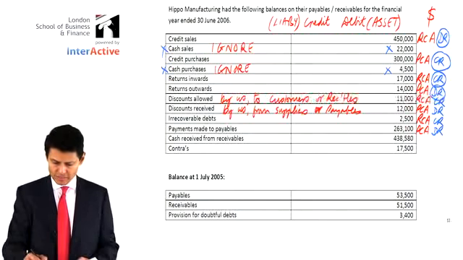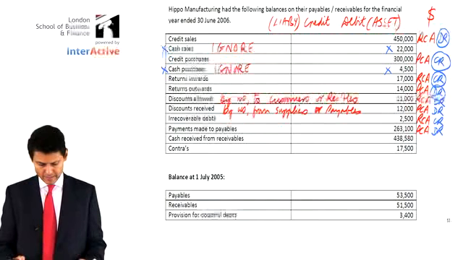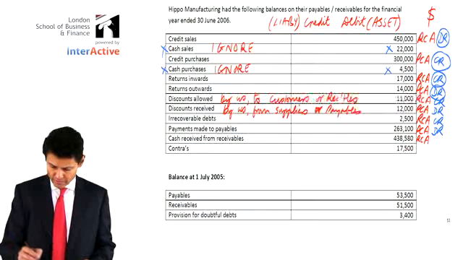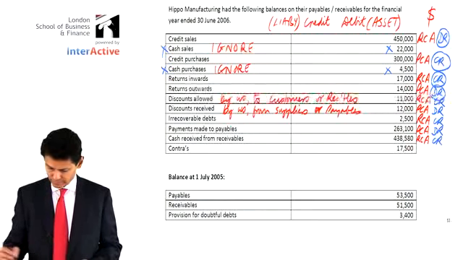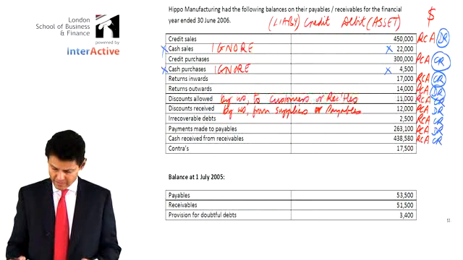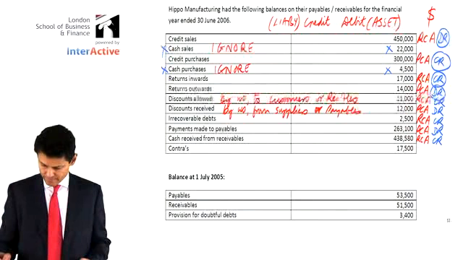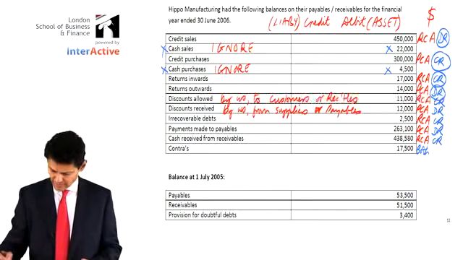Cash received from receivables, I presume, goes to the receivables control, and it should be on the credit side because you've received cash. Then comes the contras, 17,500. Both of them are both RCA and PCA.